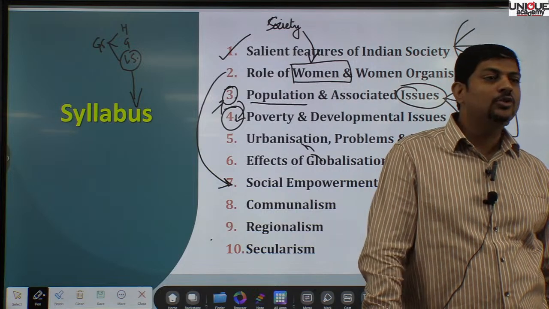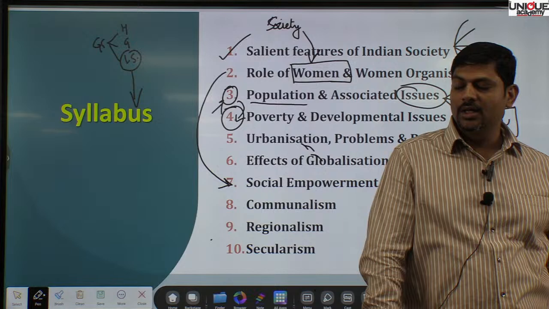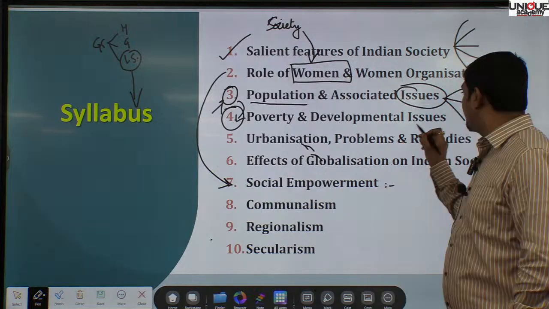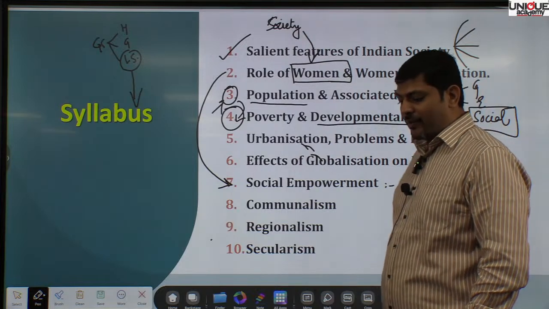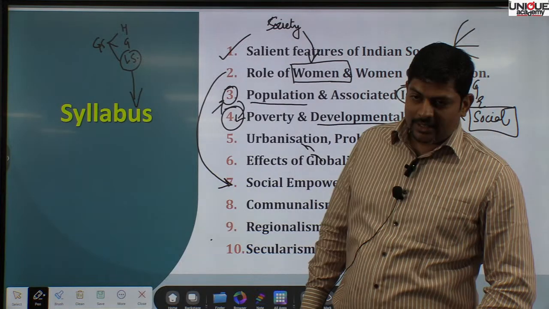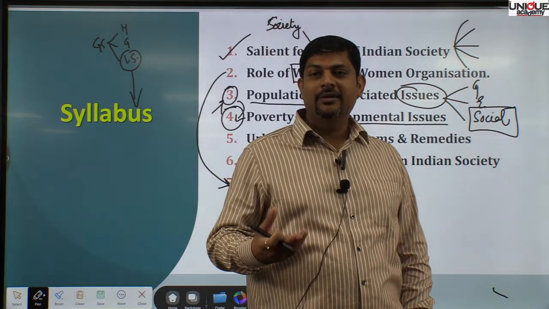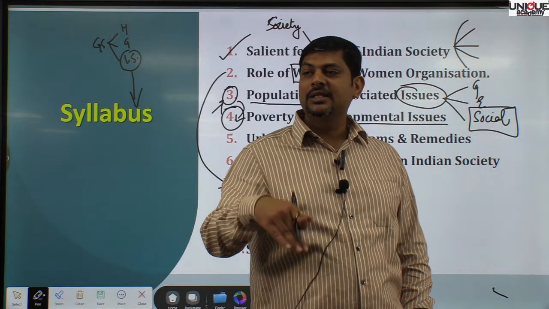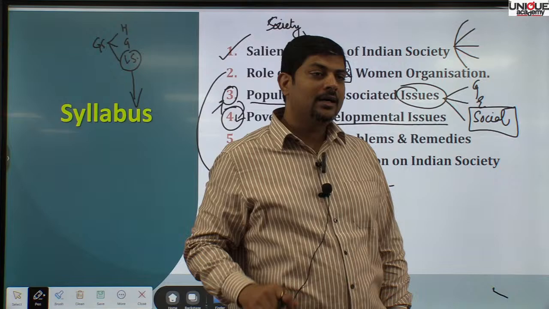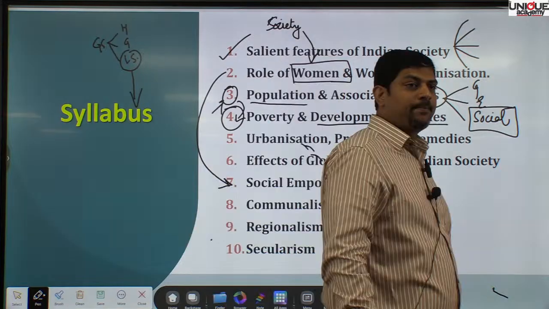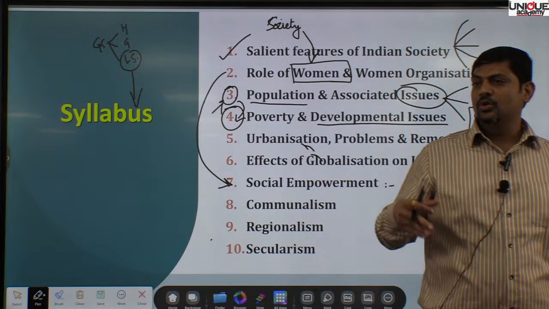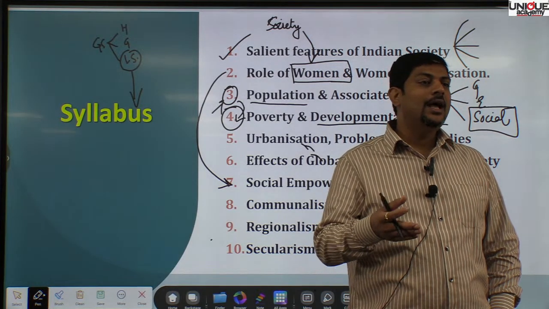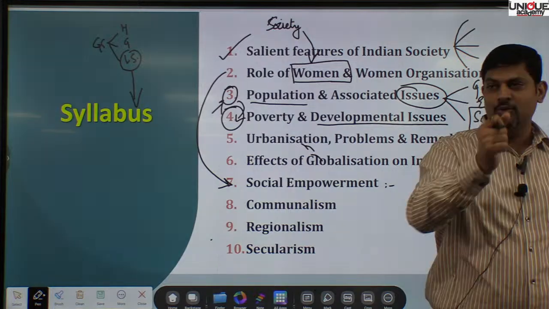But it will also result in a lot of social challenges, a lot of issues related to development. For example, poverty will result in lack of development of basic infrastructure, which will result in lack of opportunities and lack of accessibility to the masses, so that they will have an opportunity to become a human resource.